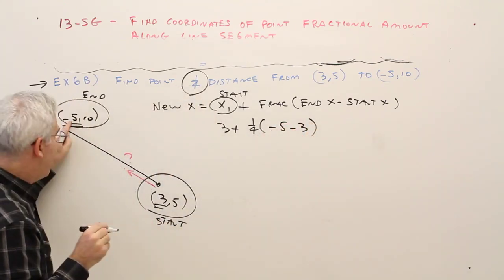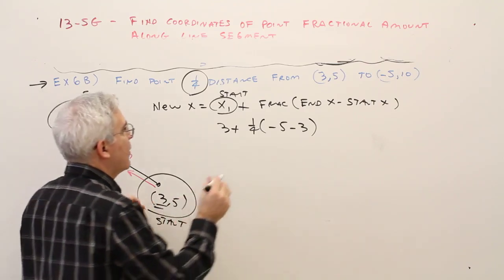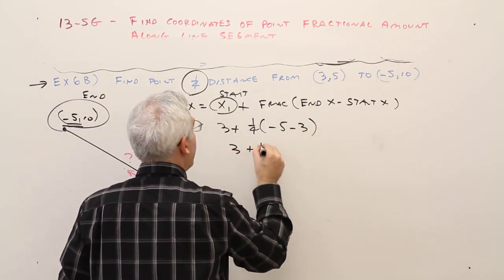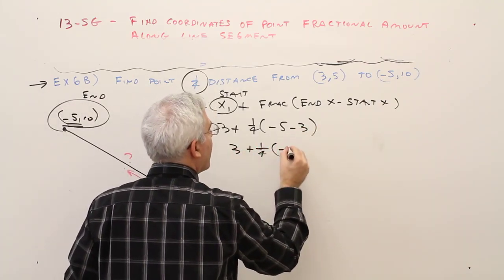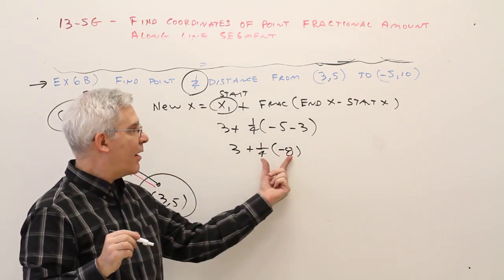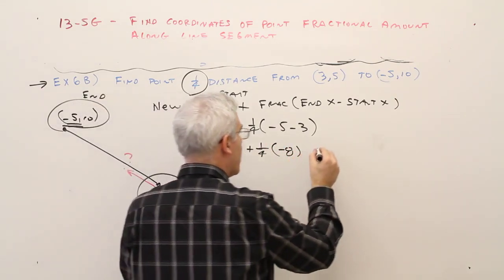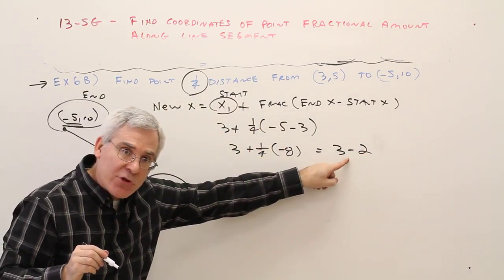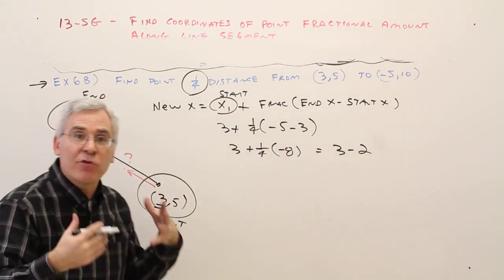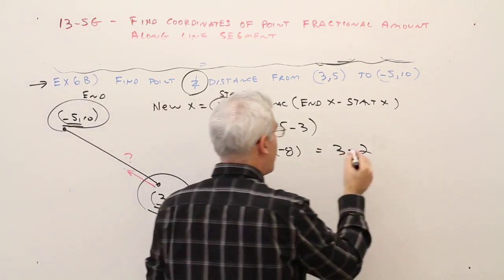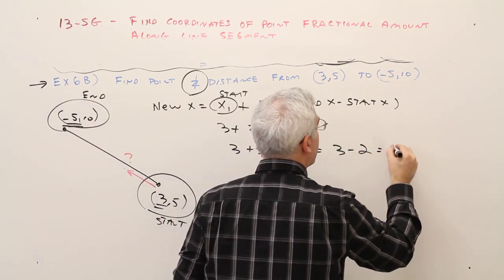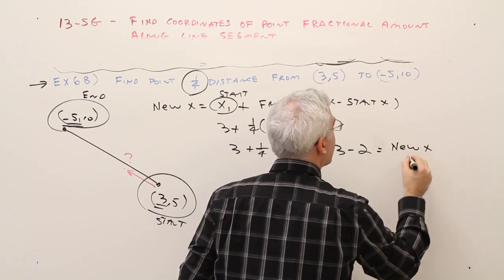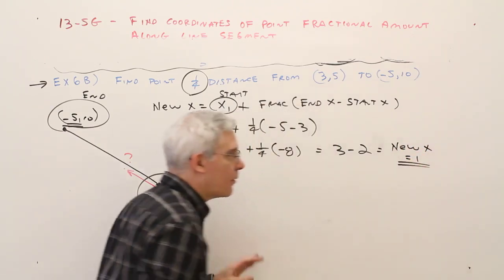So I've got negative 5 minus 3. So that's going to be 3 plus 1/4 times negative 8. Negative 8 over 4 is negative 2. So notice I've got a subtraction here. Again, that end minus start took care of that for me. So 3 minus 2 equals 1. So my new x equals 1.